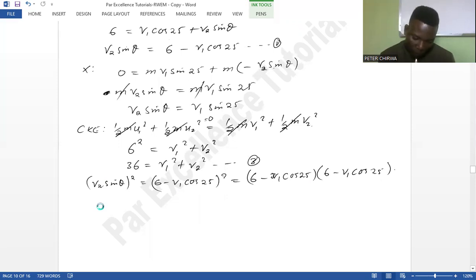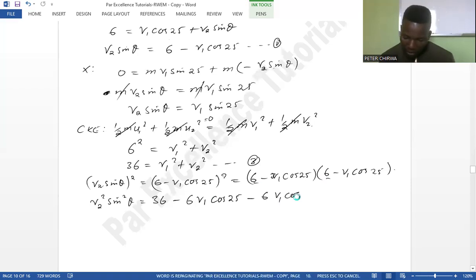So here I'm going to have v2 squared sine squared theta being equal to 6 times 6, I get 36, minus 6 v1 cos 25, and then I have also minus 6 v1 cos 25, and I have plus v1 squared cos squared 25.